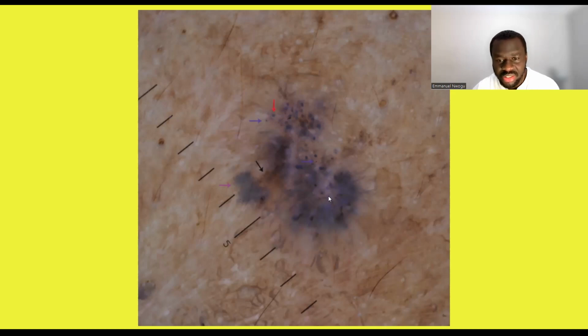We can't really see arborizing blood vessels within this lesion, but you can clearly see the blue-white veil, the white streaks within the lesion, the maple leaf-like peripheries, the spoke wheel peripheries. These already tell you it's a highly suspicious lesion, and most likely going to be a basal cell carcinoma on histology.